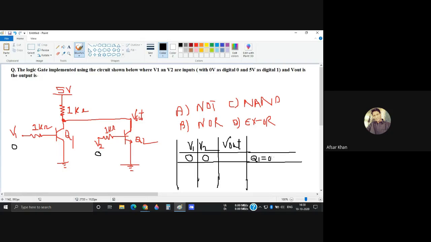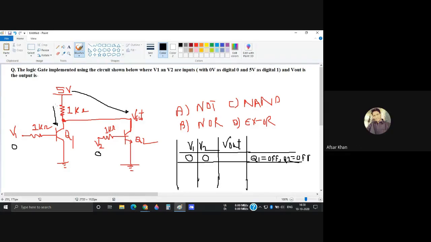And transistor Q2, if it is getting 0 volt, it is also off. If both are off, no current is flowing here. That means complete 5 volt will appear here.